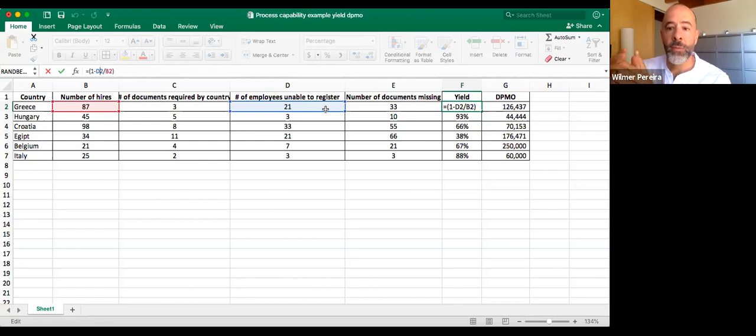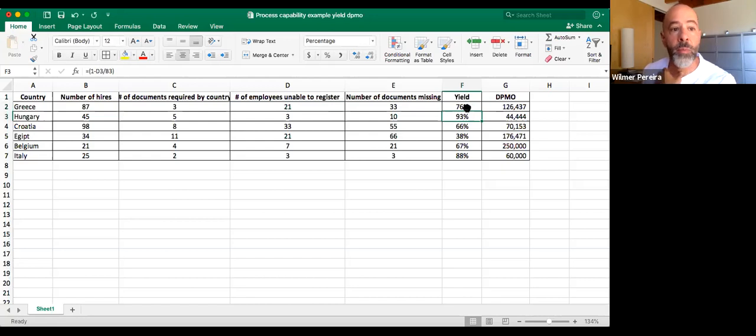So yield is 1 minus the number of employees unable to register divided by the number of hires. For Greece that is 76%, Hungary 93%, and so forth. The country faring the worst is Egypt with 38%. For yield, higher is better.